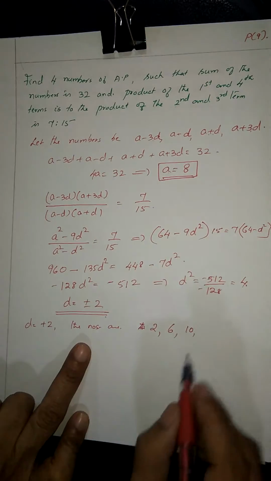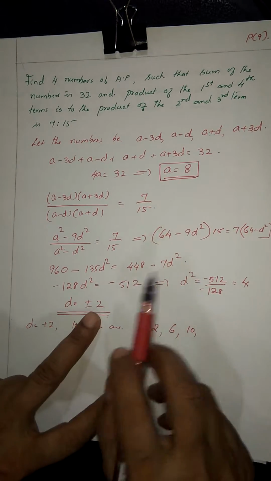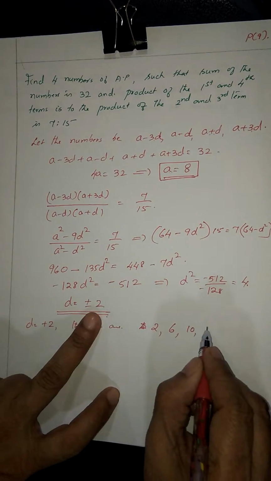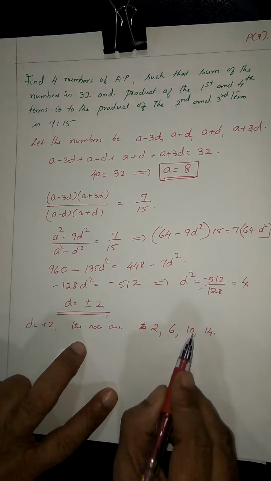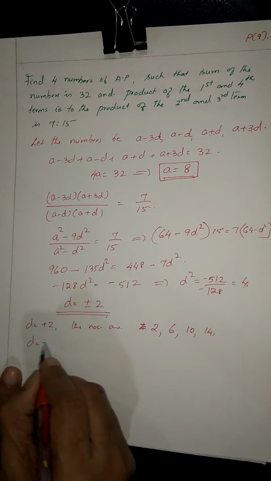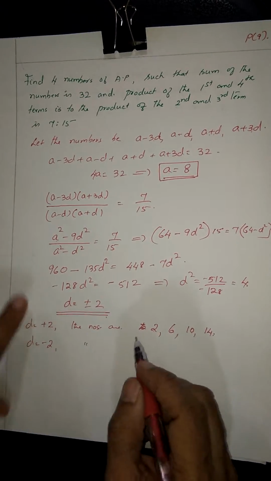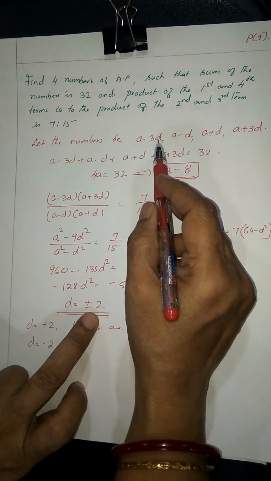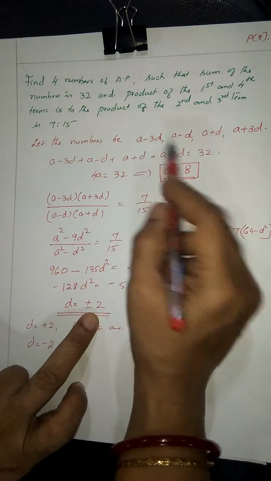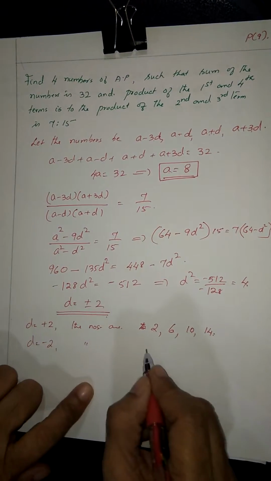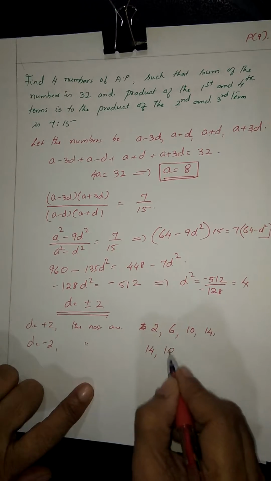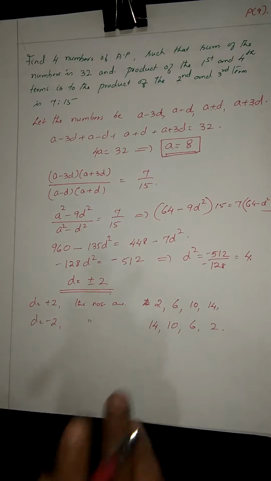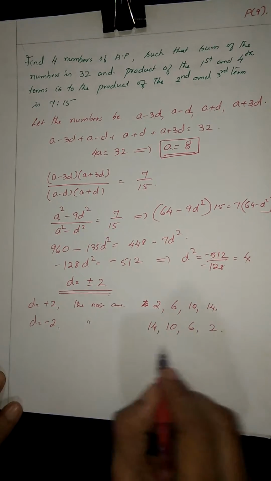And then a plus 3d will be 3 into 2, 6. 6 plus 8, 14. So 2, 6, 10 and 14. When d is equal to minus 2, the numbers are a minus 3d. So 3 into minus 2 is minus 6, so 8 plus 6, 14. So you will get it in the descending order: 14, 10, 6 and 2. So the numbers are 2, 6, 10 and 14.